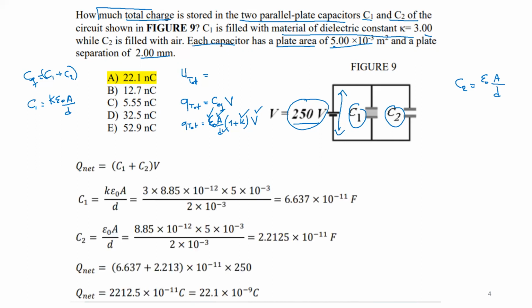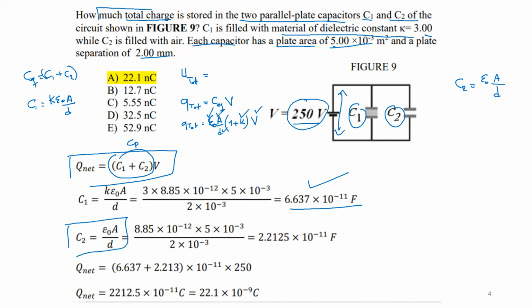That's what I did here. Okay. This is the total charge. As I said, this is C equivalent in parallel, which is just the sum of C1 and C2. C1, this is as we discussed, and we got it here in farad. C2, we already discussed it, it's filled with air, so there is no kappa. C1 is filled with dielectric, it has a kappa.